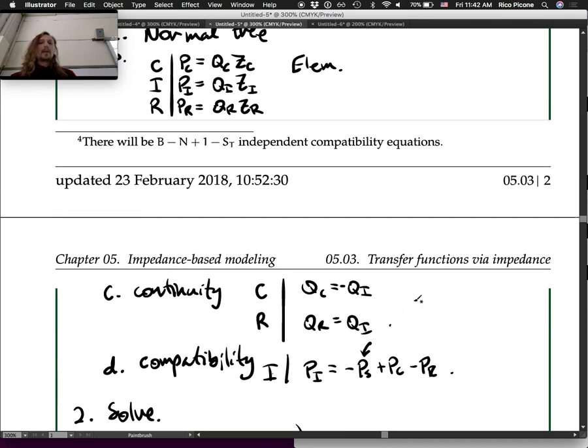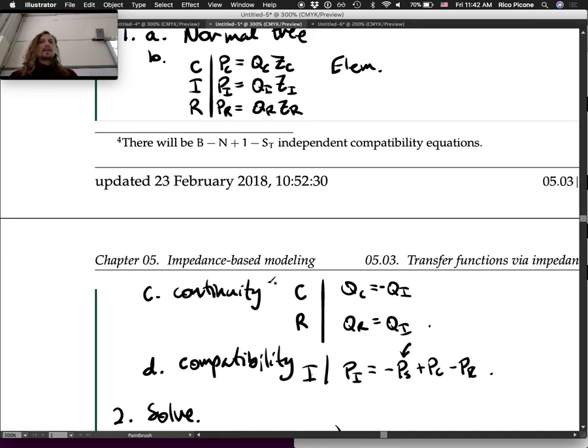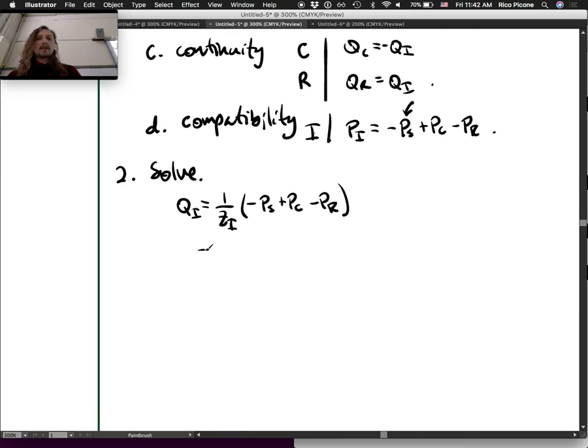So we're probably going to need to use these elemental equations. So PC is just equal to QC ZC, right? So let's do that. 1 over ZI negative PS plus, instead of PC, we're going to say QC ZC. And instead of PR, we're going to say QR ZR.